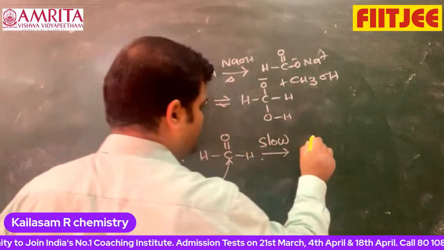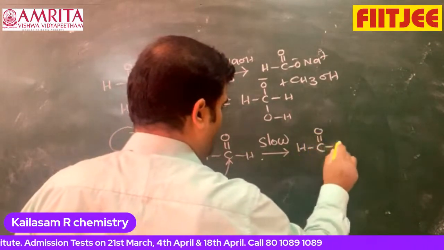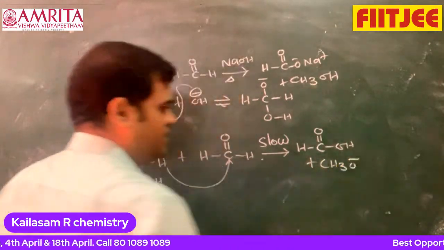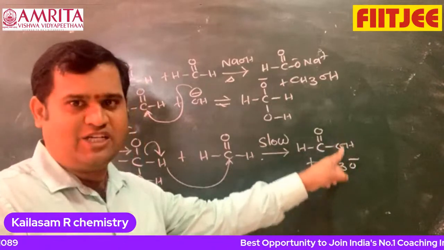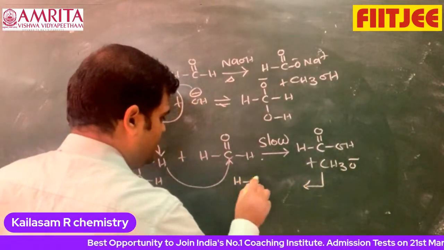So what are you going to get? That means H, C double bond O, O H plus CH3O minus. Now this is acid, this is base. Therefore the proton transfer takes place between these, which gives the product.